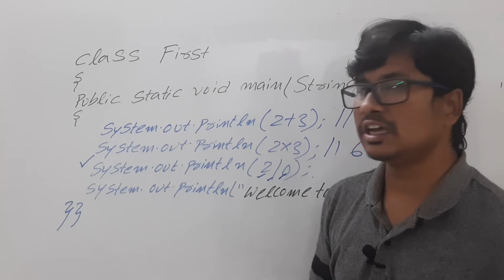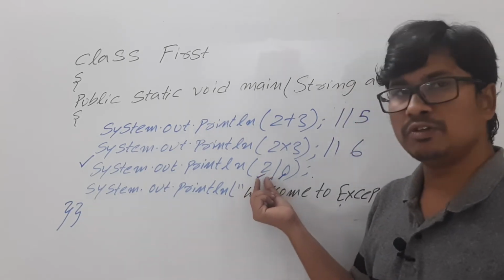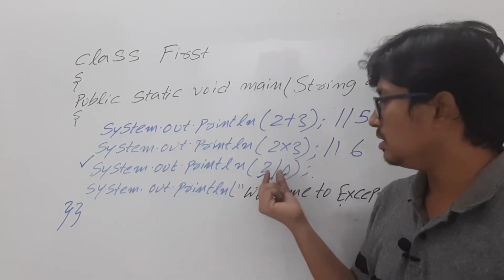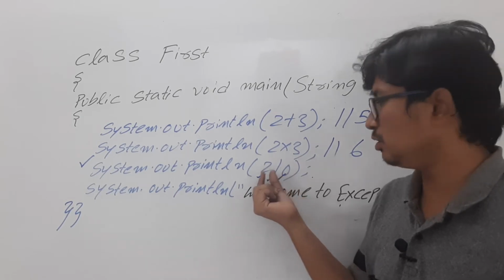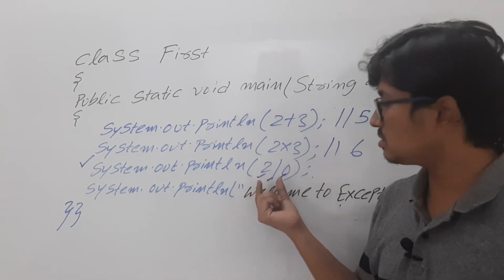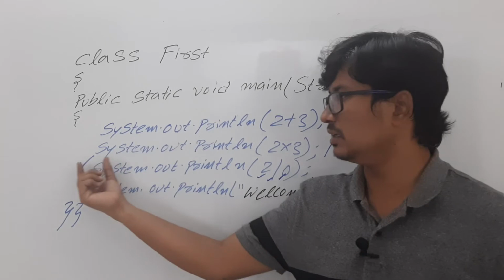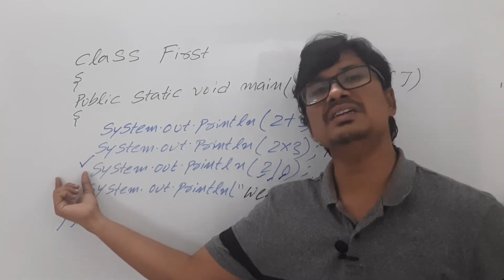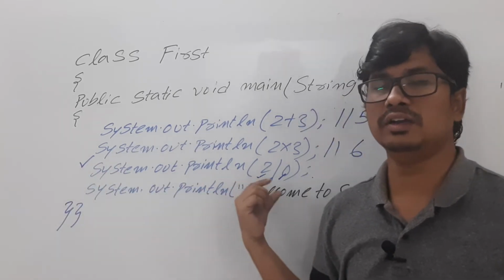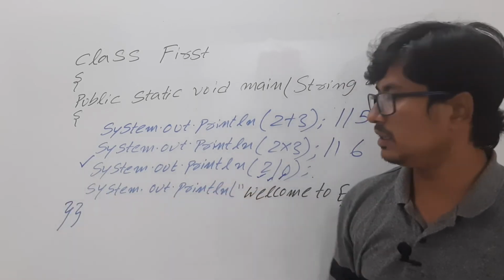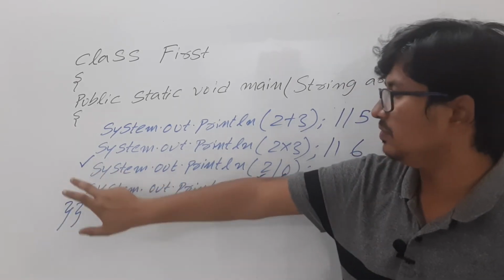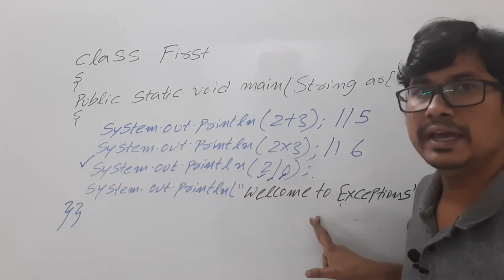But during runtime, you need to perform the operation 2 by 0, where the denominator is 0 and the numerator is 2. So this will give an exception, and we call that kind of exception an arithmetic exception. You are dividing by 0. Is it clear? Once it happened, the next statement will not be executed.